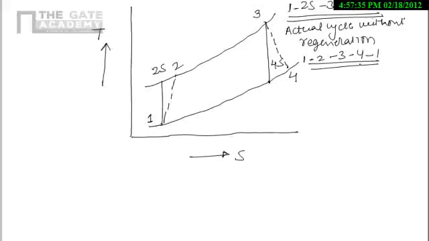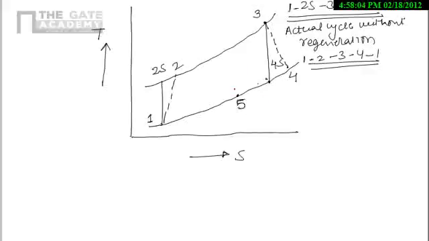Suppose due to the expansion process the gas comes out at 4s or at 4, at that temperature. But if we use it for regeneration, then before entering the condenser the temperature of the gas will decrease. So we will get the state here at 5.